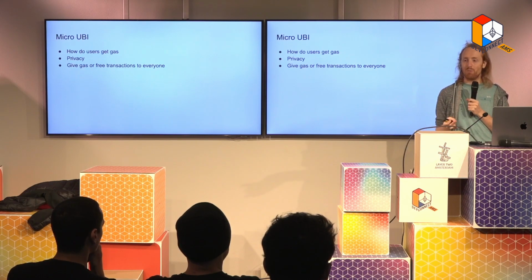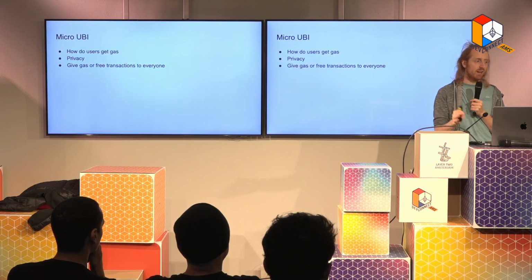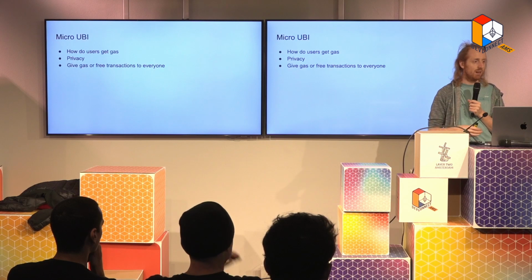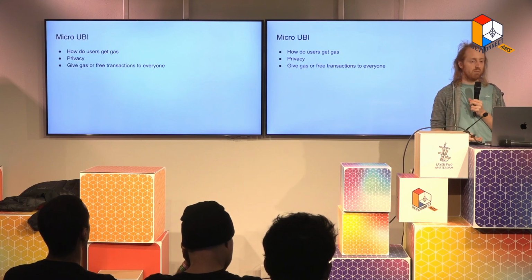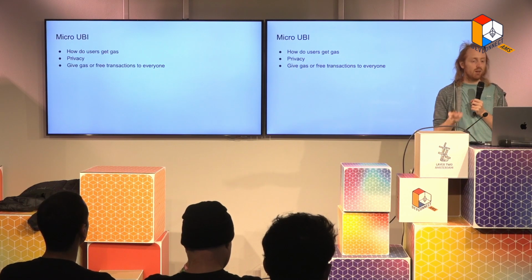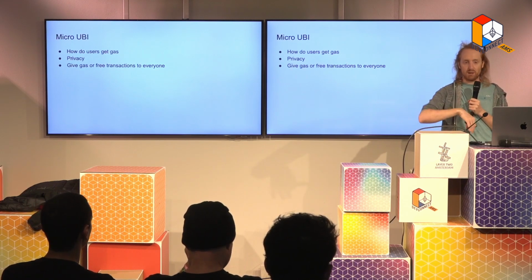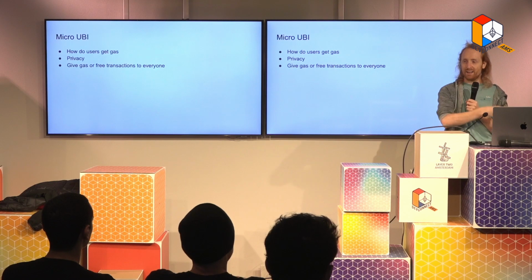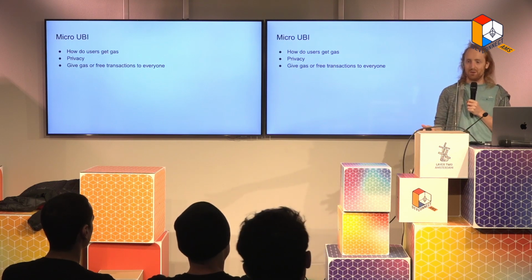Another thing that would be nice is to give a micro UBI to everybody. Give everybody enough money to make 10 transactions or something. What we could do is say anyone who has a Twitter account with more than this many followers, we're going to allow you to make 10 transactions. In order to do this, we need to have some privacy, right? Because we don't want to connect everyone's Twitter account to whatever they're doing on chain.